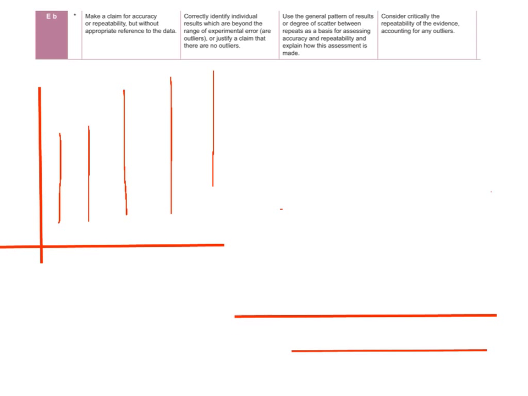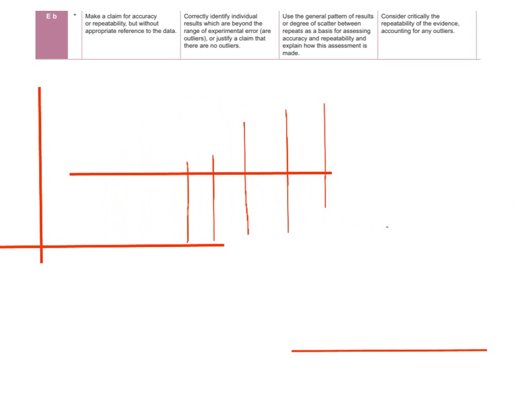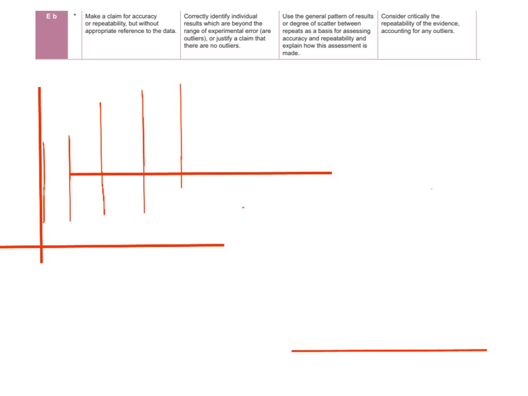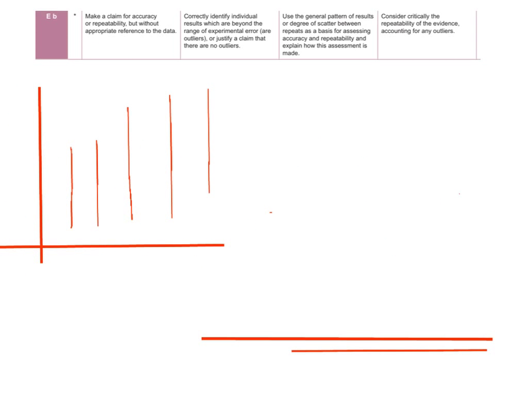It's fairly obvious that it's very difficult to establish where the line of best fit is from this amount of scatter. It could be at one extreme, it could be there, it could be down here, it could actually be going the other way, couldn't it?